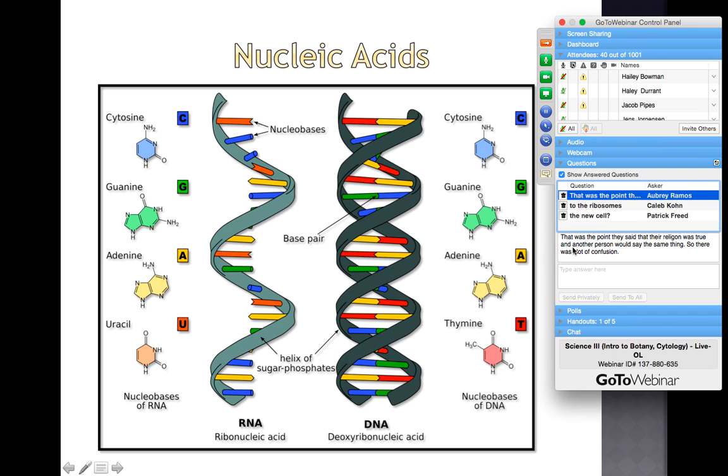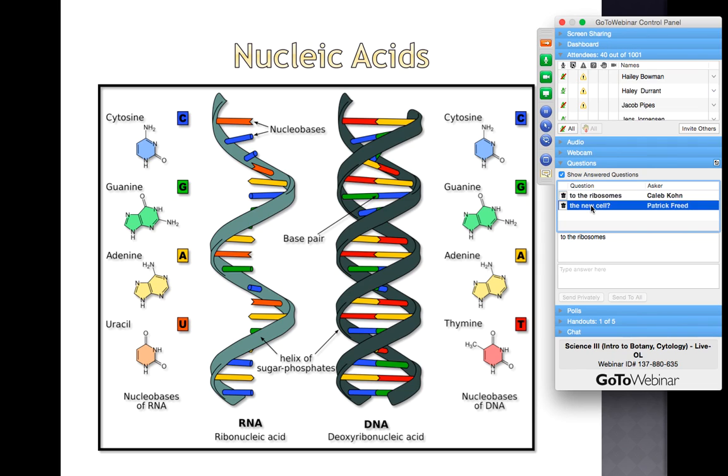Aubrey says that there was a lot of confusion in older times when people didn't have access to the actual Bible itself. That is true. All right. Caleb says they go to the ribosomes. Patrick says to the new cell. Not in this case. We are not talking here about reproducing the cell. We are just talking about reproducing the information in the DNA molecule.